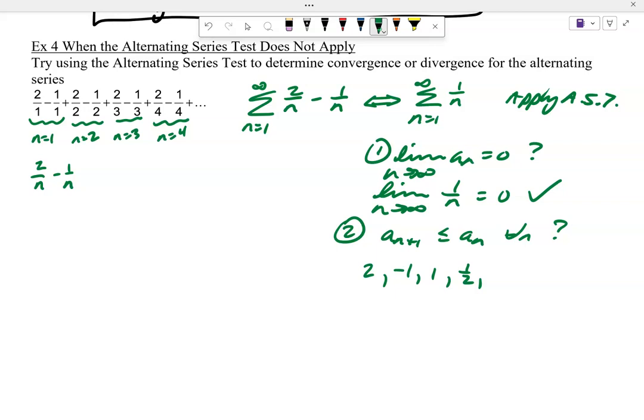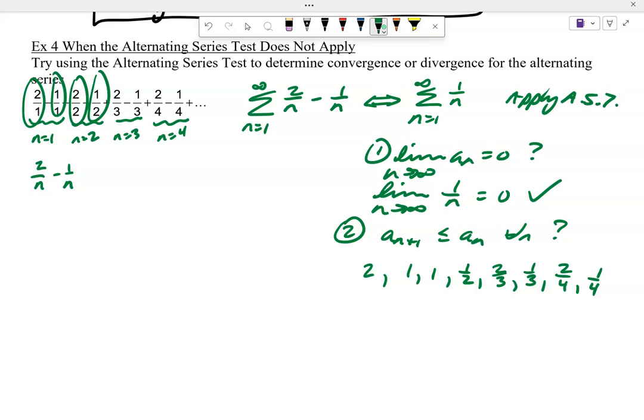And you know what? I need to ignore my signs for a minute. This is just for the non-alternating. So I had 2, 1, 1, negative a half. Again, I'm ignoring the signs, so a half. Then I got 2/3. I got 1/3. I got 2/4.